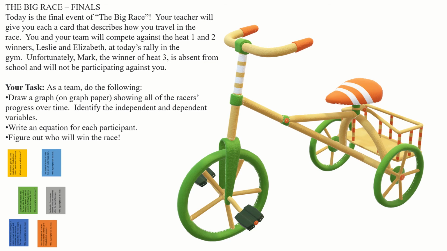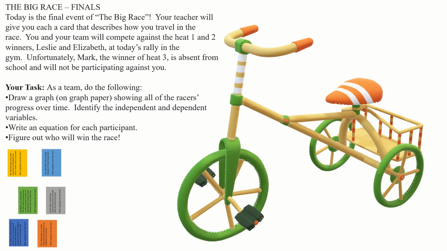So your task as a team, or in this case individually, is to draw a graph, and the graphs will be in the first slide of your Google slide deck, showing all of the racers' progress over time. As you do that, please identify the racers by name. Write an equation for each of the racers. As you get enough information to write the equation, use quick equations to add an equation, and then finally figure out who wins the race.